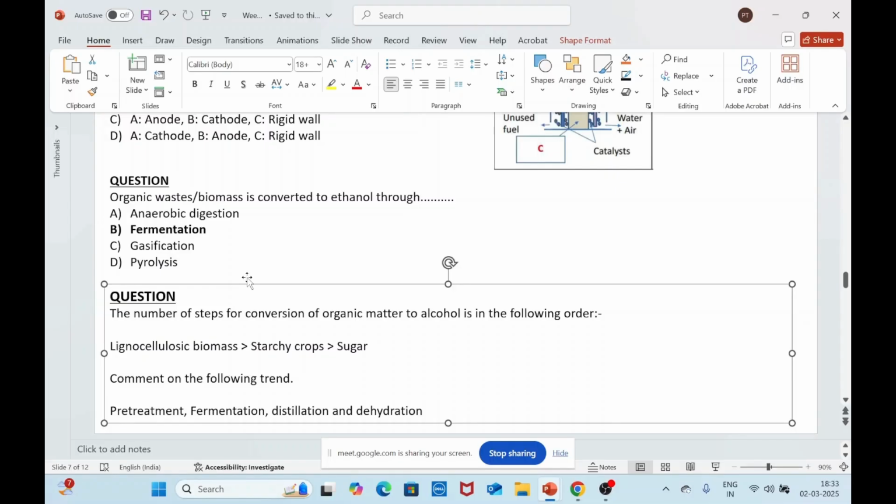Any ideas? And sugar. So why is that so that lignin should be removed? Like, why can't you use lignin also in the conversion process?